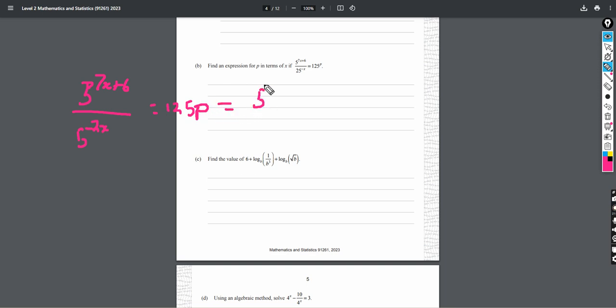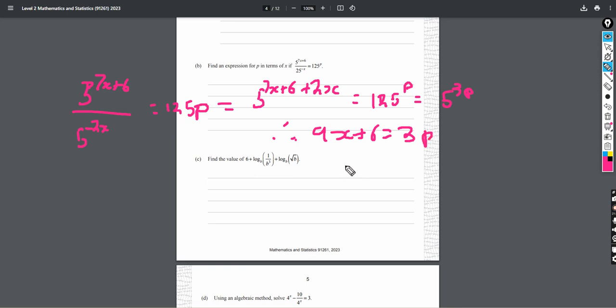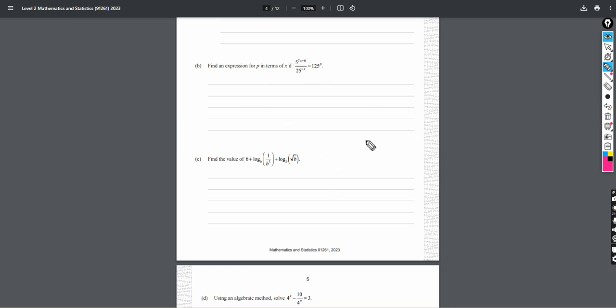And this just equals 5 to the 7x plus 6 plus 2x. But that just equals 5 to the 3p. Therefore, 9x plus 6 is equal to 3p, or 3x plus 2 equals p.